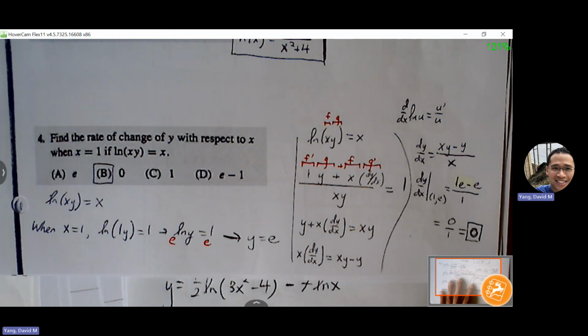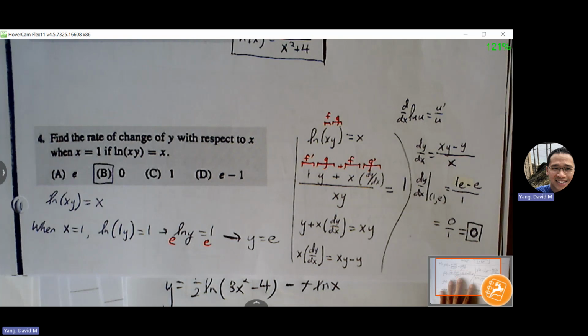I plugged in 1. Now, they didn't tell me the y value, so I have to go searching for the y value. I have to look at the original equation, plug 1 in for x, and then see if I can find out what the y value is. So if I replace x with 1, natural log of y equals 1. In other words, what must y be in order for natural log of y to be equal to 1?